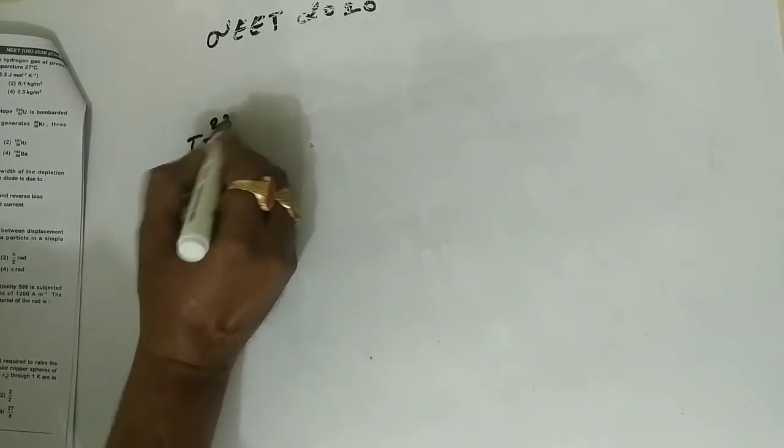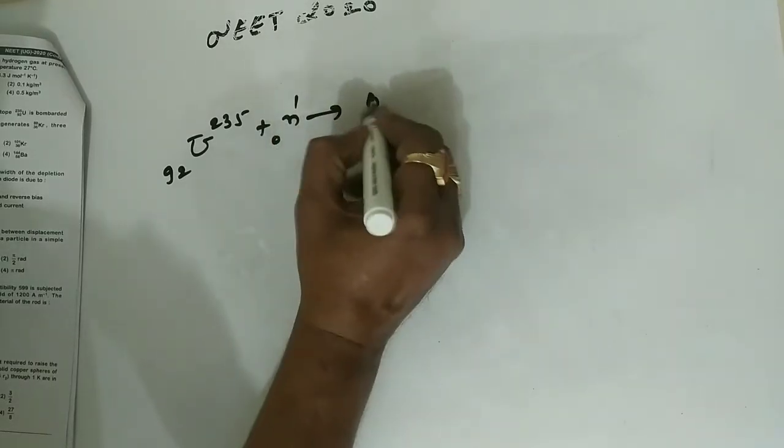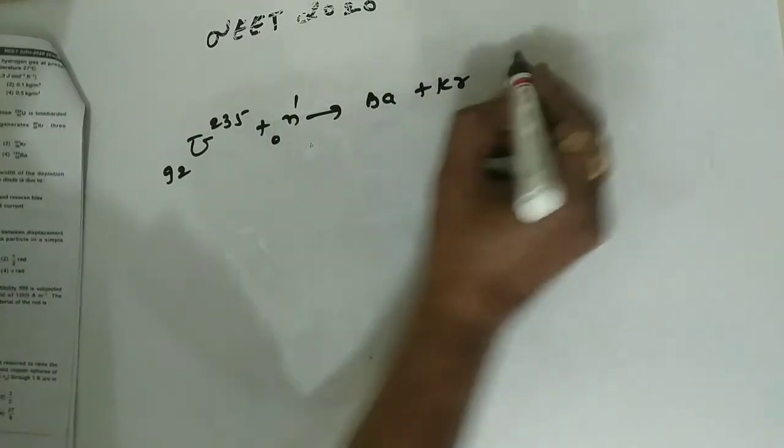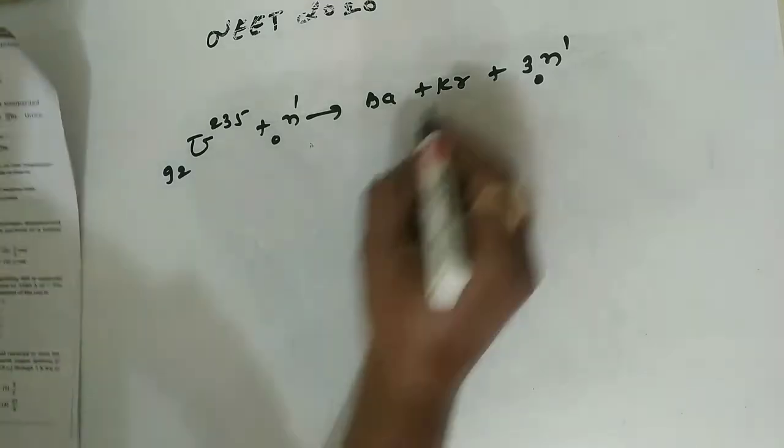The option has barium, that is barium 56-144. If you want to check it, I go for the equation: uranium 92-235 bombarded with slow neutron gives barium and krypton with 3 neutrons. He has given the krypton; what is the value of krypton? 36-89.